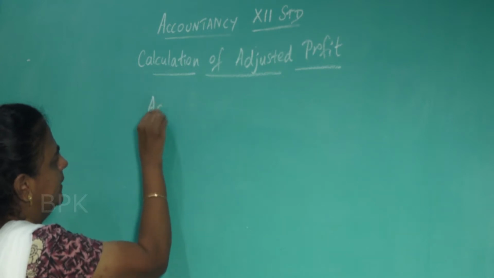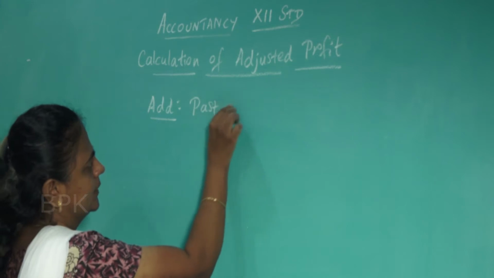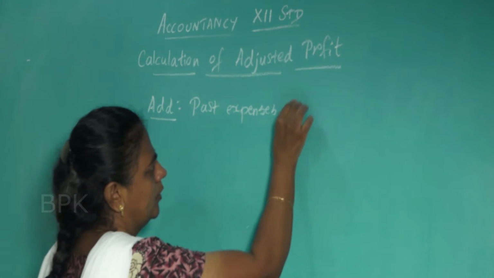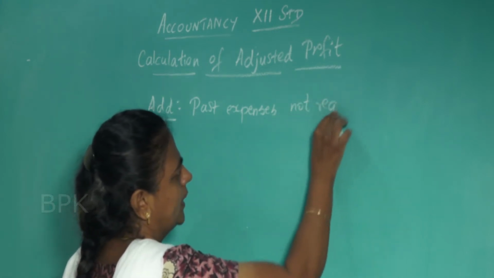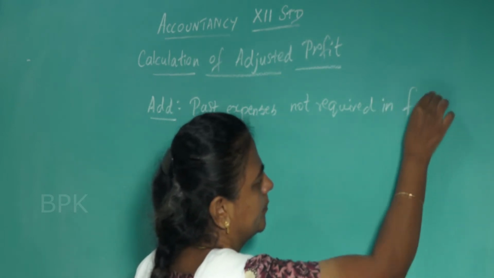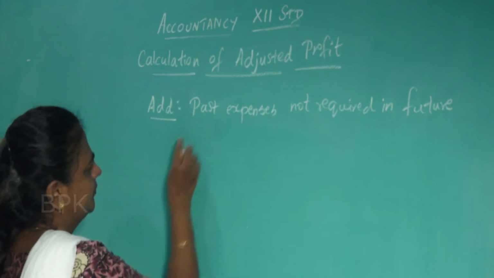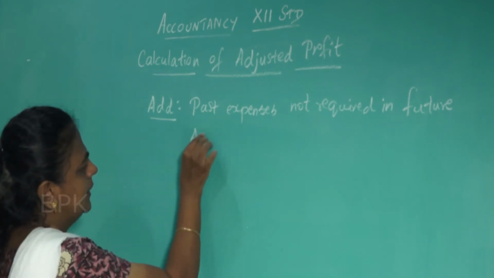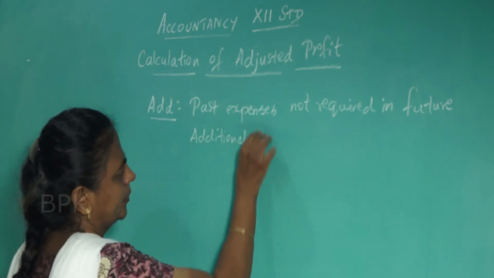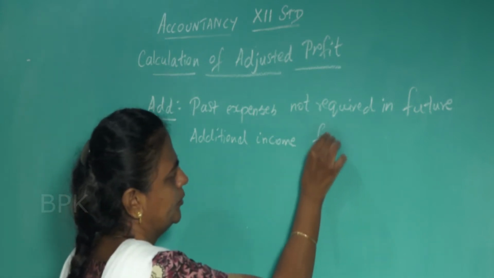What are the things to be added? You have to add past expenses not required in future, and then any additional income for the future which you are expecting to receive.